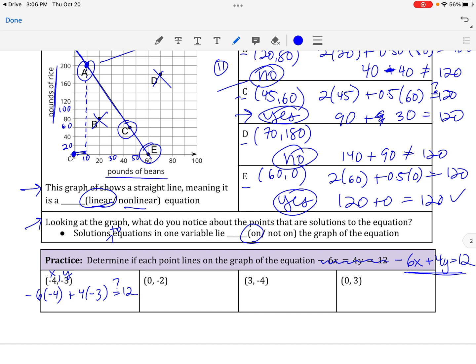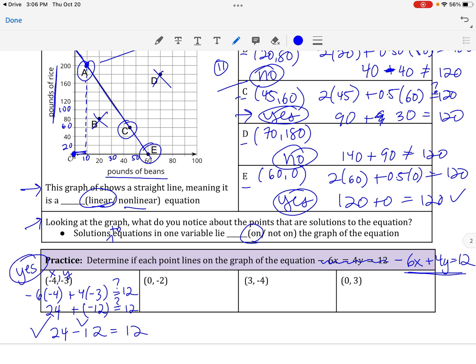Okay, negative 6 times negative 4 is positive 24. 4 times negative 3 is negative 12. Does that equal 12? Well, 24 plus negative 12, remember when we're adding a negative number, that's the same as subtracting the number. 24 minus 12 does equal 12. So yes, this first one is a solution.